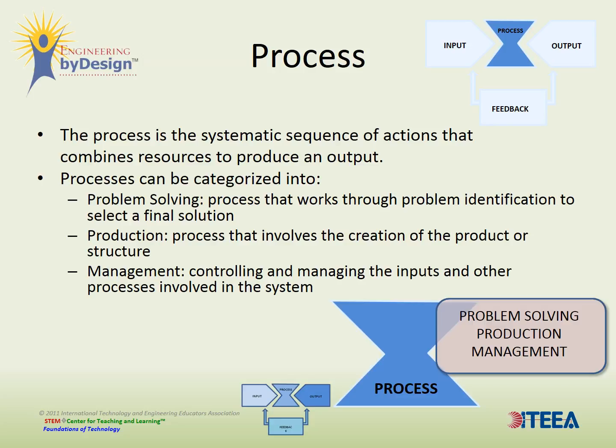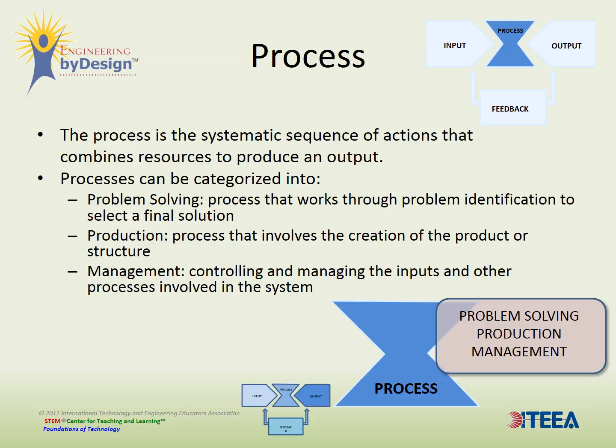Processes can be categorized into several different things. Now, you may have a problem solving process, and that's the one that works through the problem identification to give you your final solution. How are you going to use this process to make what you want to finally do? You revise it, you fix it, problem solving done. Your production, that's a process that involves the creation of the product or the structure.